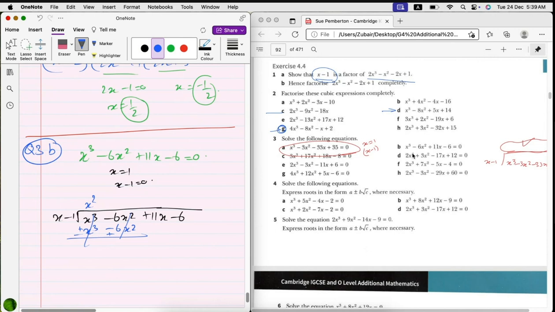Did I copy that right? That was positive, negative, positive, negative. And x square giving me x cube, negative x square. Okay, let's see. So I'm left with 11x minus 6. That was 1 cube minus 6 x square plus 11 into 1. It gave me 0, but why am I not getting it here?